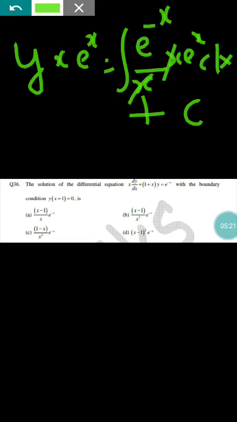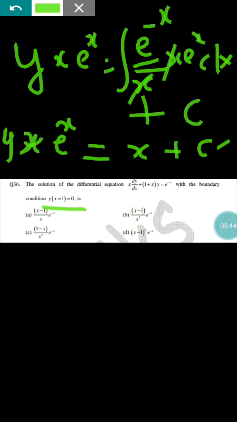Shall I cancel this x and x? We have e power minus x and e power x, so these will also get cancelled. So finally I have y x e power x is equal to the integral of dx, which is x plus c. They have given some initial or boundary conditions. From this I can find the value of c.